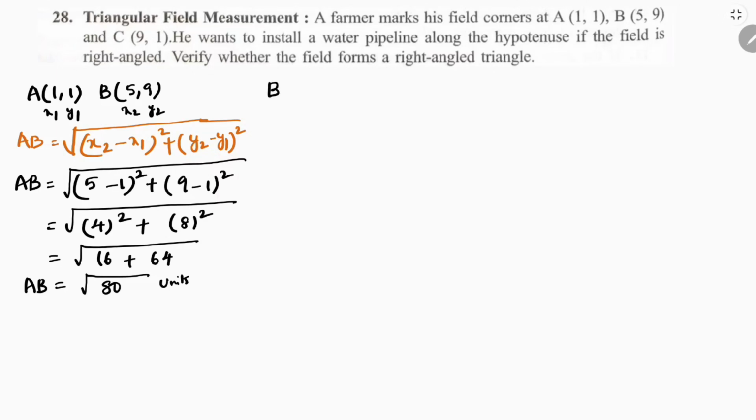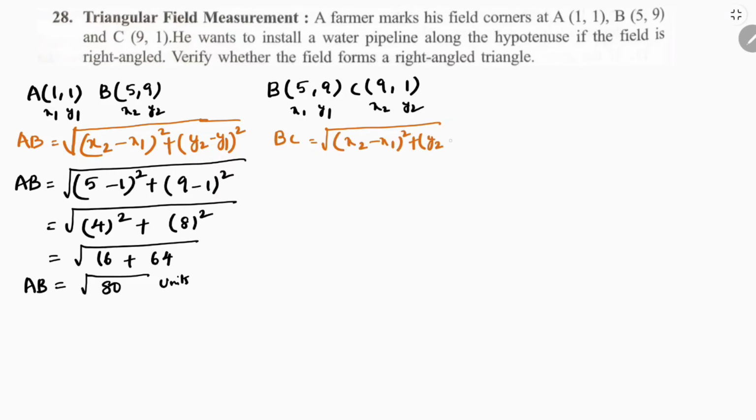Now BC. B is (5, 9), C is (9, 1). So this is x1, y1, x2, y2. The distance formula for BC is under root, x2 minus x1 whole square plus y2 minus y1 whole square.